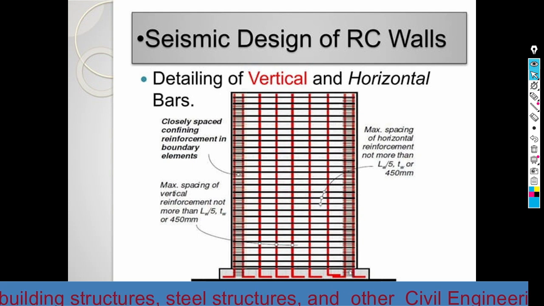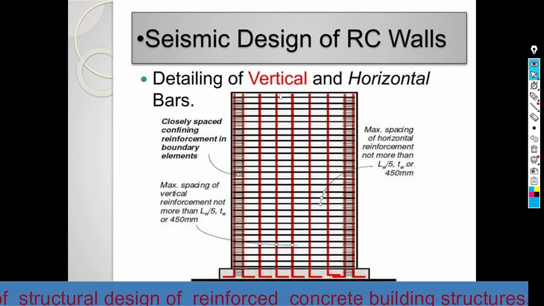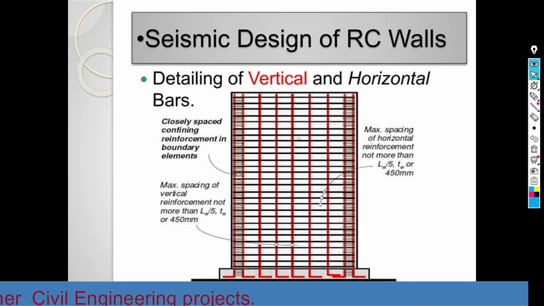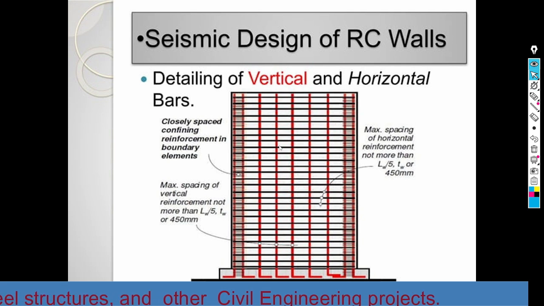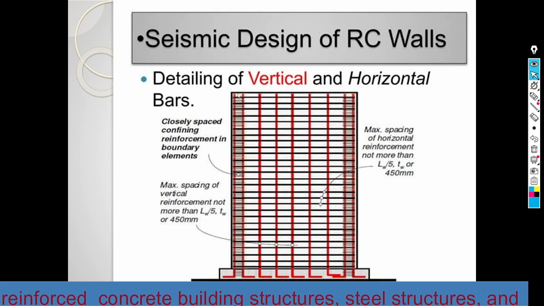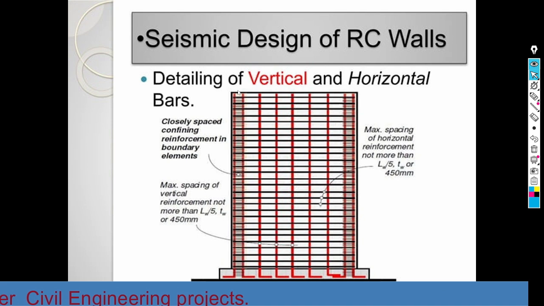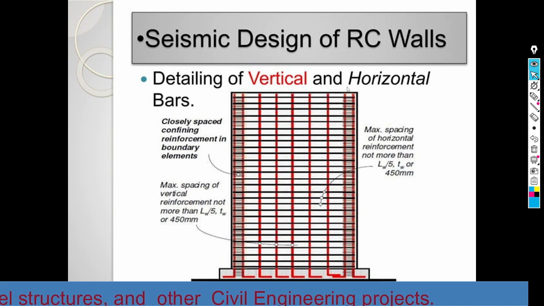The arrangement of the reinforcement at the boundary element is completely different from the middle region. The middle region needs minimum reinforcement, while the two ends of the shear wall take 100% of the required reinforcement.